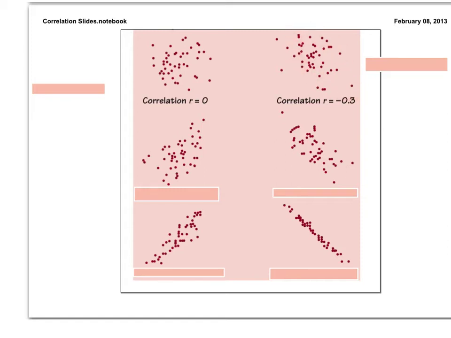In the middle, on the left-hand side, we have a positive sloping relationship. We're moving up and to the right, but not lying very close to a given line. And so we would give this a correlation value of 0.5, which we would consider to be moderate.